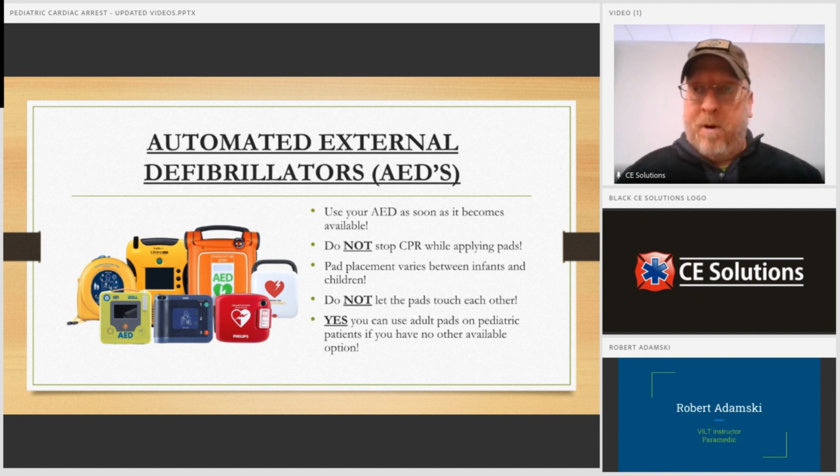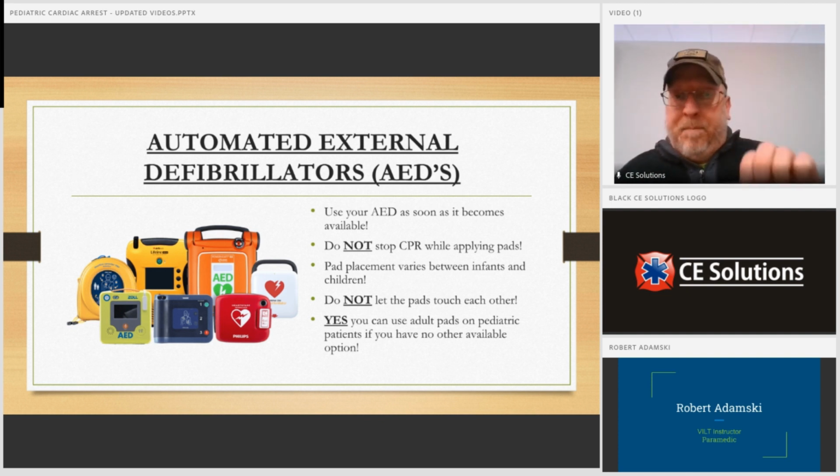Therefore, if you have small infants, and or the pads are touching, and or you have to use adult pads on pediatric patients, which as a last ditch resort, if you don't have the pediatric pads, you can do, then you're going to do what's called the alternative pad placement, which is anterior posterior. So you put one on the front and then you put one on the back. Front, back. So there we go.